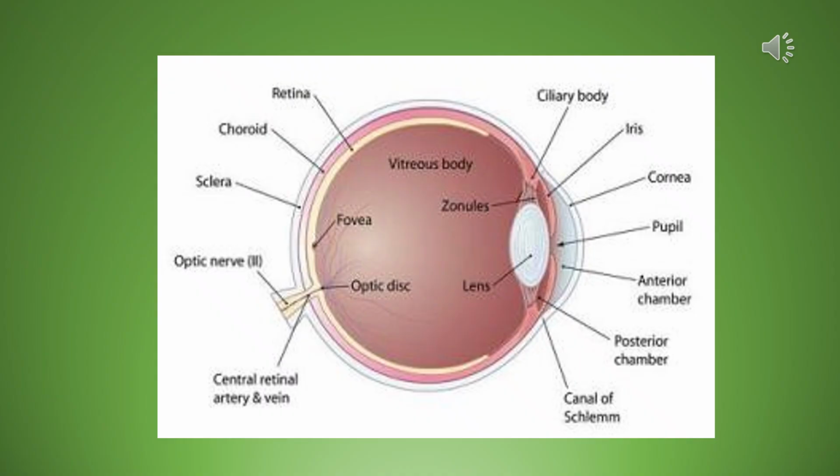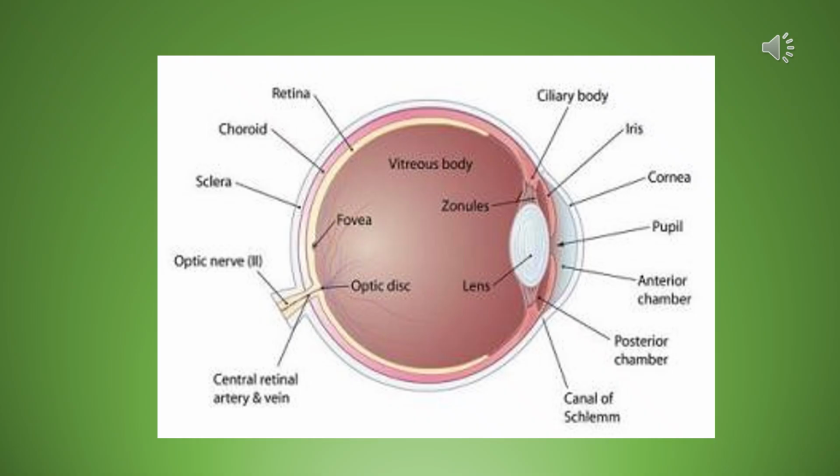Posterior to the lens, that is called the vitreous body. It is filled with a jelly-like substance called vitreous humor. Okay, the light then passes directly through the vitreous body, and if we focus it properly, it comes to a point of convergence at the fovea centralis, which is located there at the retina.